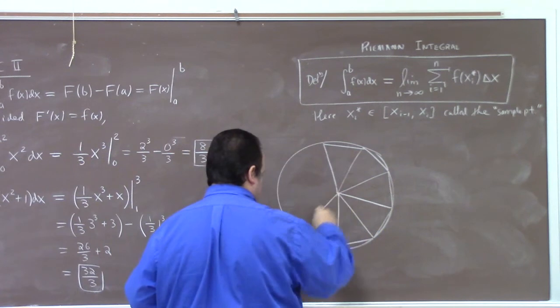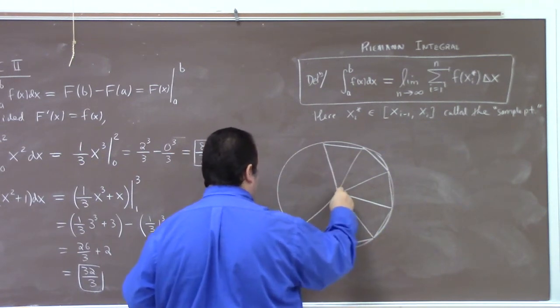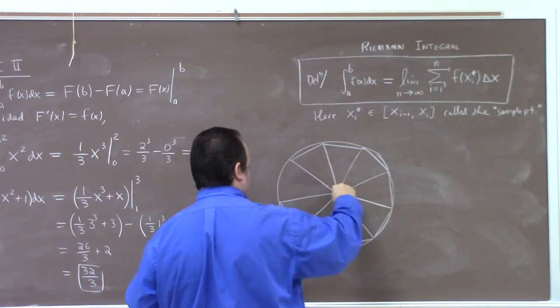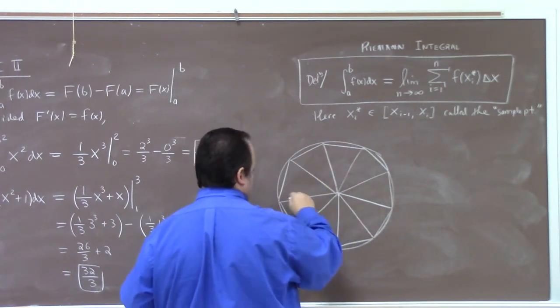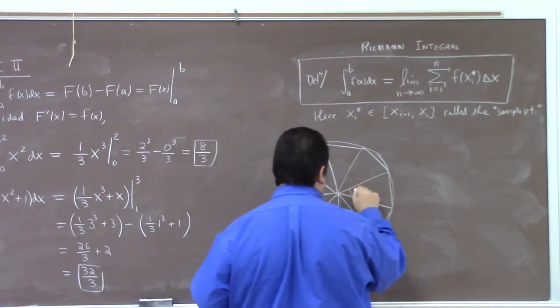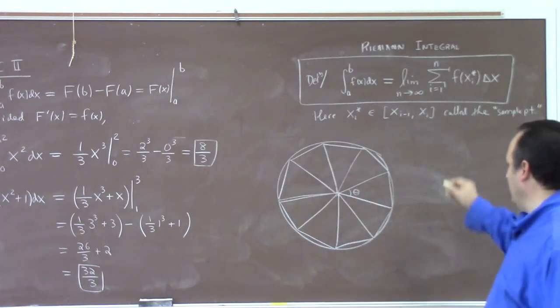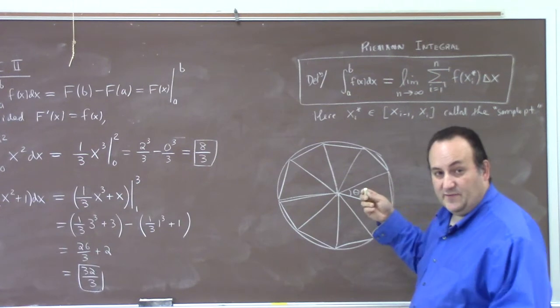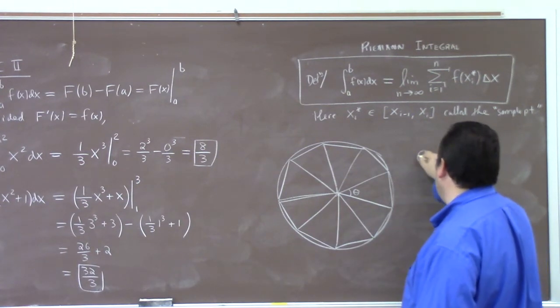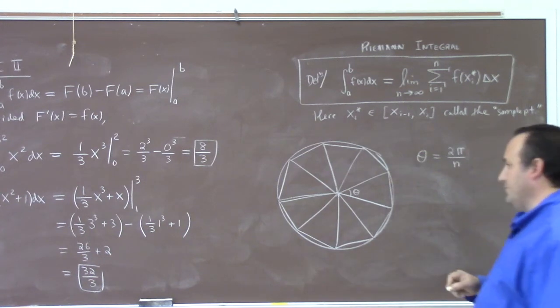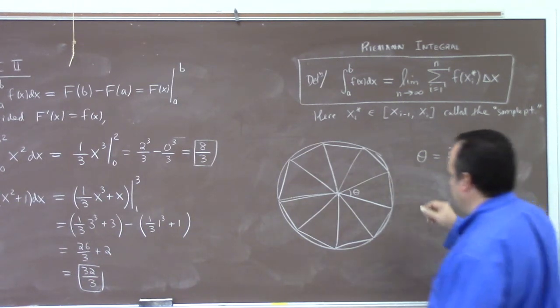Suppose we do the triangles of equal angle, so these are the sectors. I mean to draw these sectors so that they have the same theta. Let n be the number of triangles, so then theta is 2 pi over n. And I want this to be radius r.